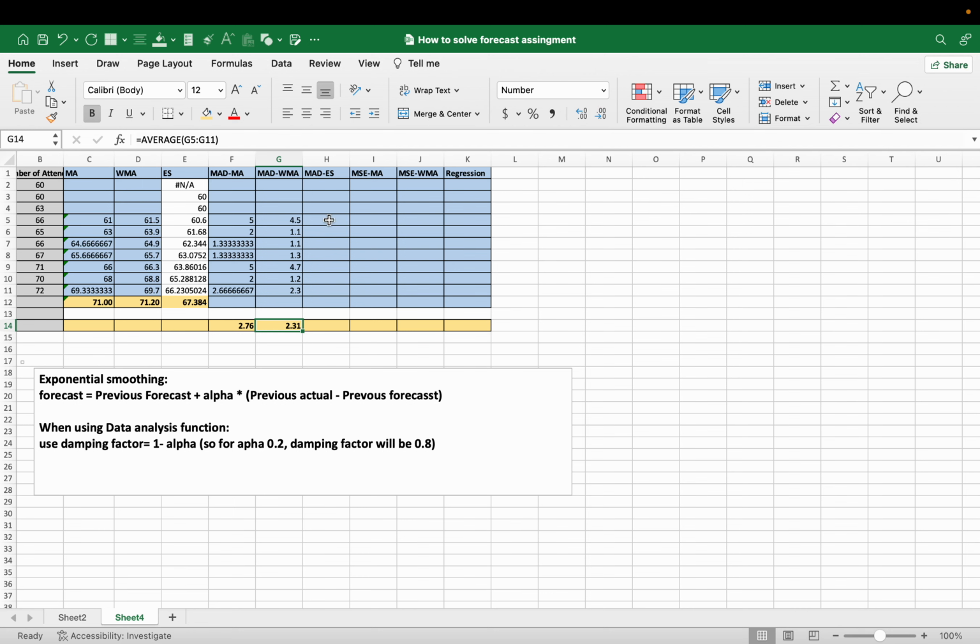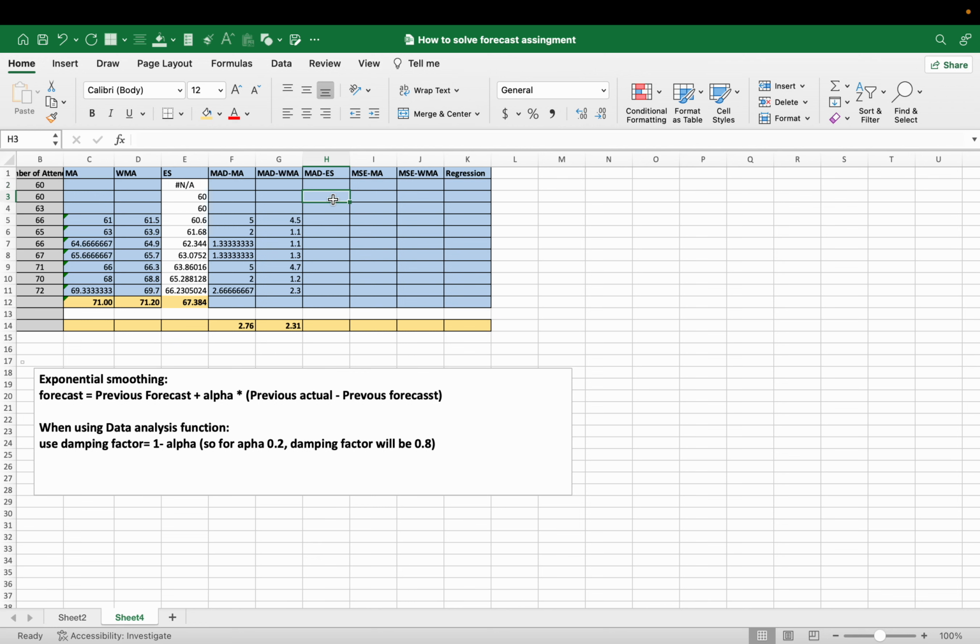Okay, and the last one is mean absolute deviation using exponential smoothing. So now I will be using this data. In this data our first data point is here. I can start from here, because here we have actual data and forecast data is available. I cannot start from here because here we do not have a data point, it's not applicable.